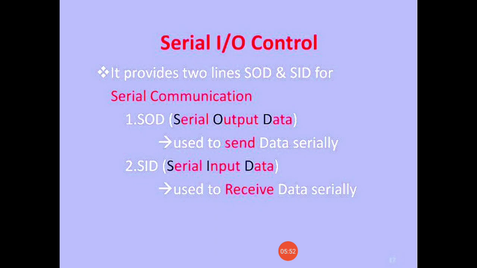The 8085's serial input output control provides two lines, that is SOD and SID, for serial communication. The serial output data SOD line is used to send data serially, and the serial input data SID line is used to receive data serially. So that was all about the 8085 microprocessor.